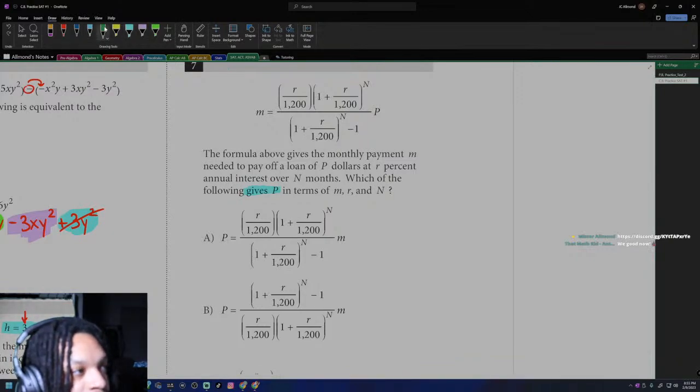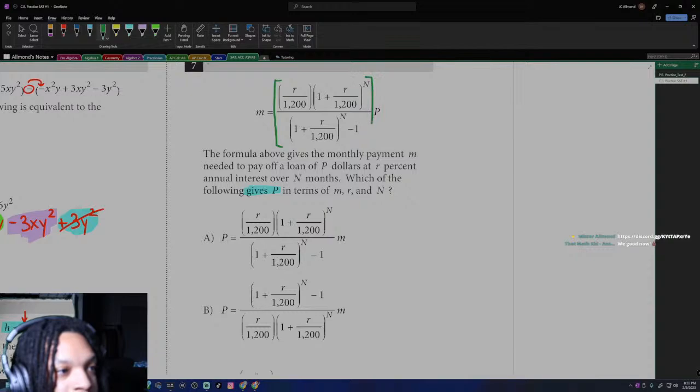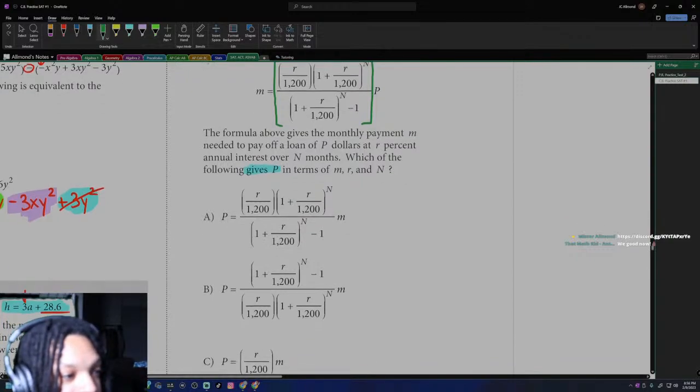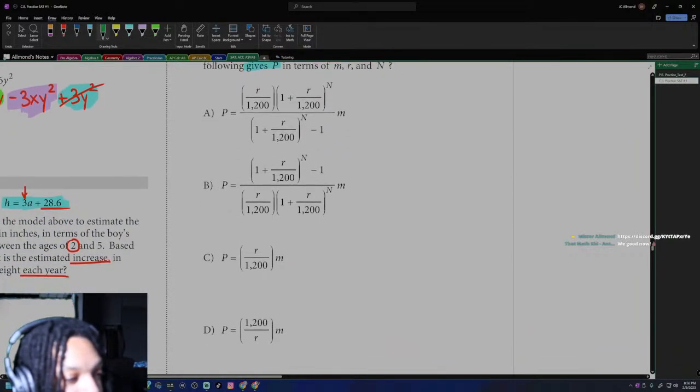And this is actually even more easy because if you think about it, all of this stuff right here is all being multiplied by P. So if I'm trying to get P by itself, I just got to divide both sides by that entire bracket. So it's just going to be M over all the stuff in green. That's literally it. Let me see if that's an answer choice before I start acting like it's nothing.